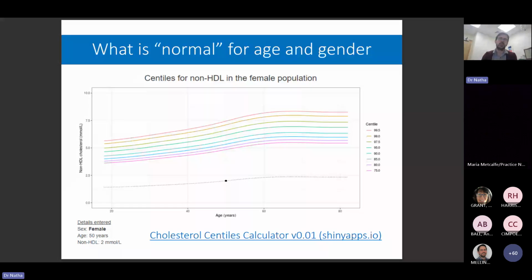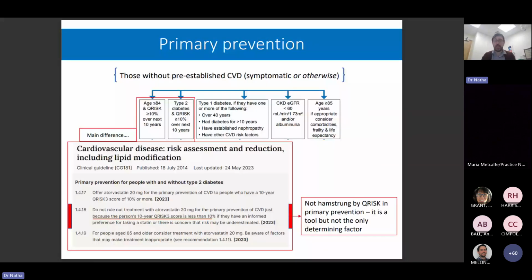Now we've measured cholesterol and we've considered what might or might not be normal. The question then comes to, are you going to treat them or not? The NICE guidelines have CG181, which is the main primary prevention guideline, and it has changed over time. It's had its most recent iteration actually within the last 12 to 18 months.